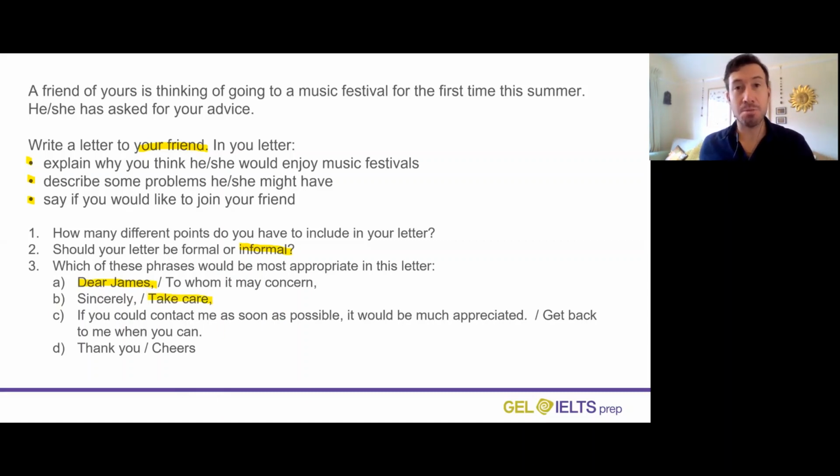Sincerely, again, is a much more formal letter ending. For C, if you could contact me as soon as possible, this is very formal, but get back to me when you can, this is more informal, so that would be the one we want to use here. And then finally, cheers is more informal than thank you, although you could use thank you as well. But if you're trying to be more informal, you can use cheers when you're speaking to a friend.